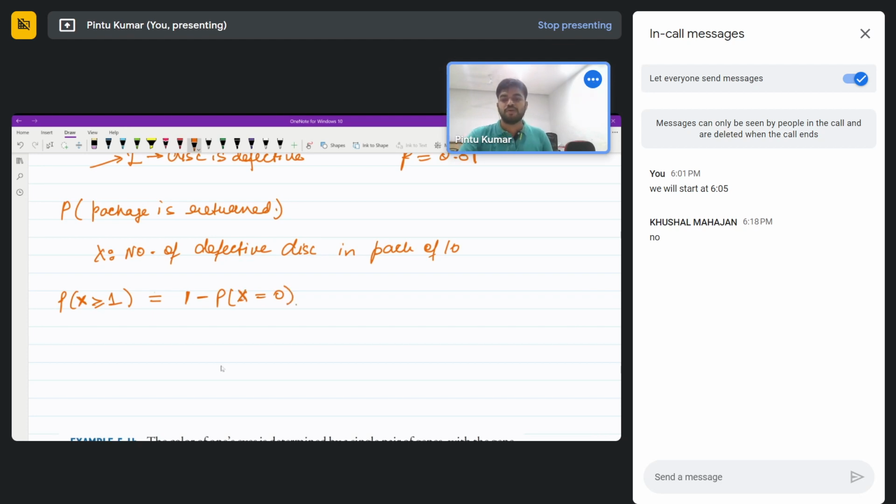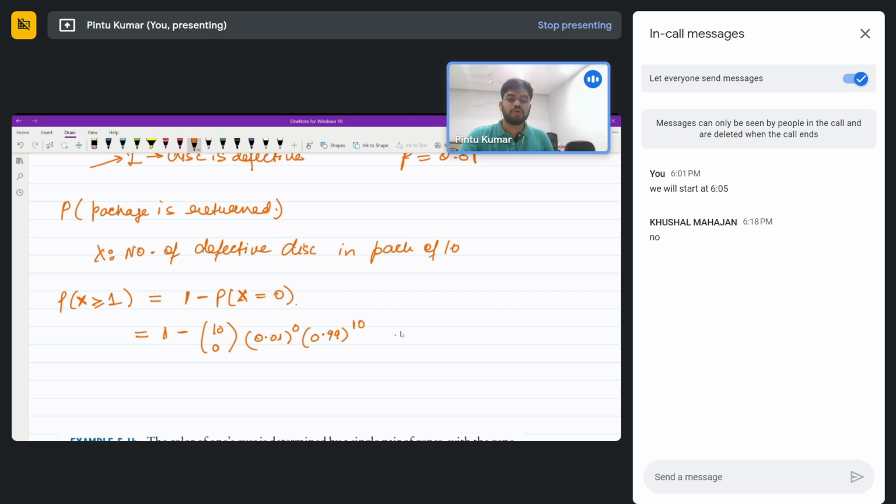Okay. So how do we calculate this? This is your 1 minus. Now there are 10 disks in the package. So 10C0, your p is 0.01 to the power 0, right? And this is 0.99 to the power 10, right?